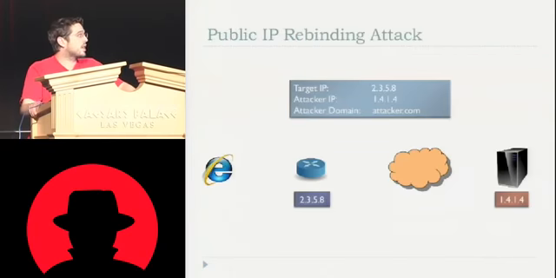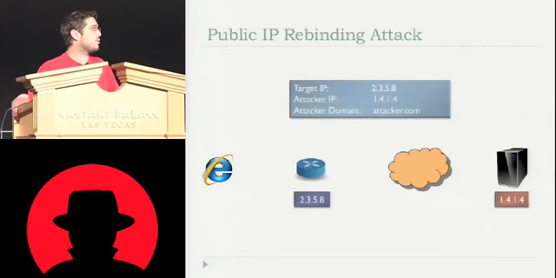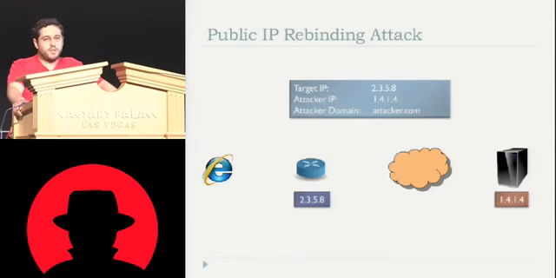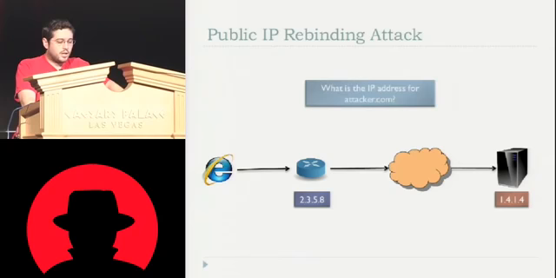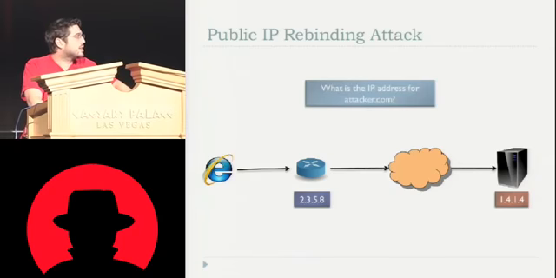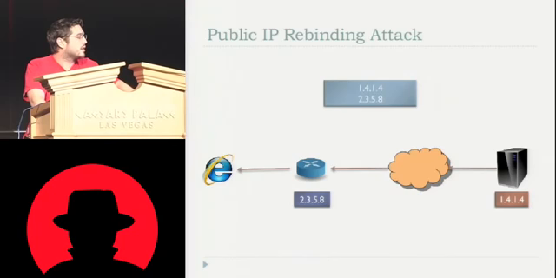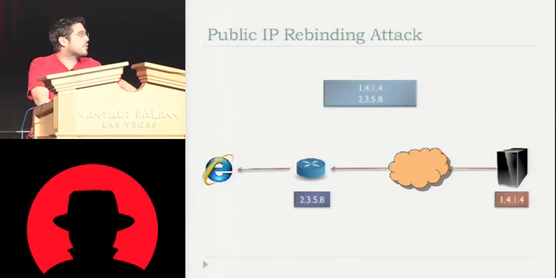So let's take another look at our rebinding attack. Again, same scenario as before, but this time, instead of rebinding to 192.168.1.1, attacker's going to rebind to 2358. So internal client does a DNS lookup, and again, the attacker's DNS sends back two IP addresses. The browser looks at that and says, hey, you've got two IPs, they're both public IPs, that's fine, I'll try them in order.